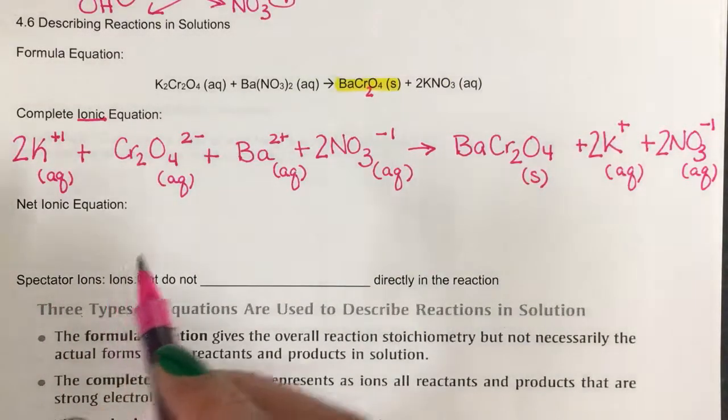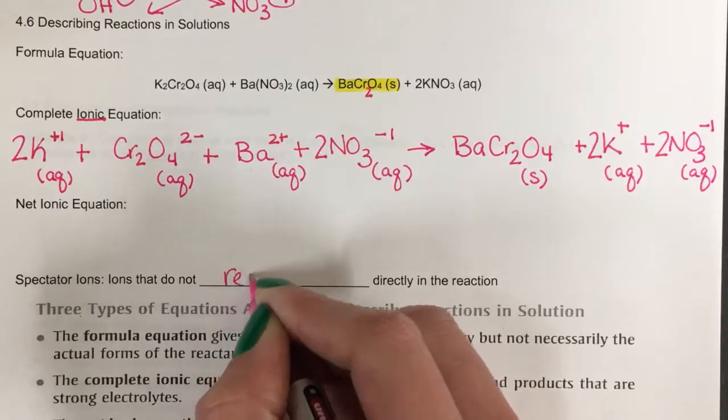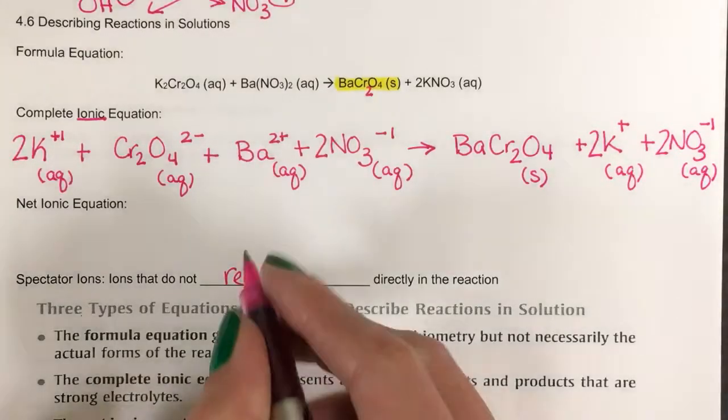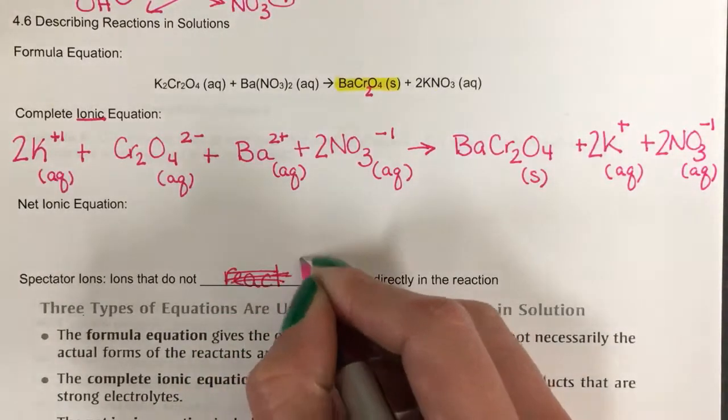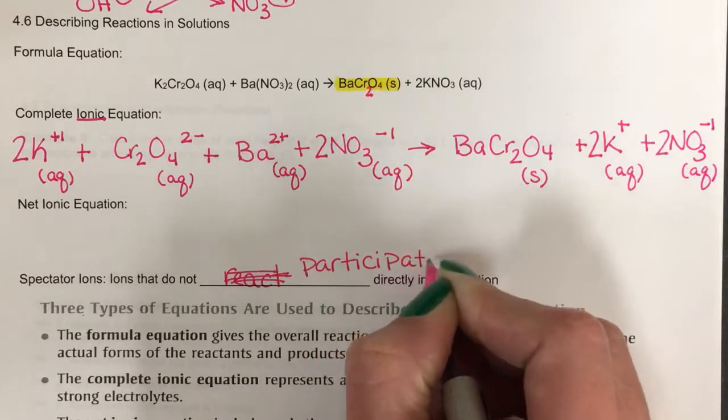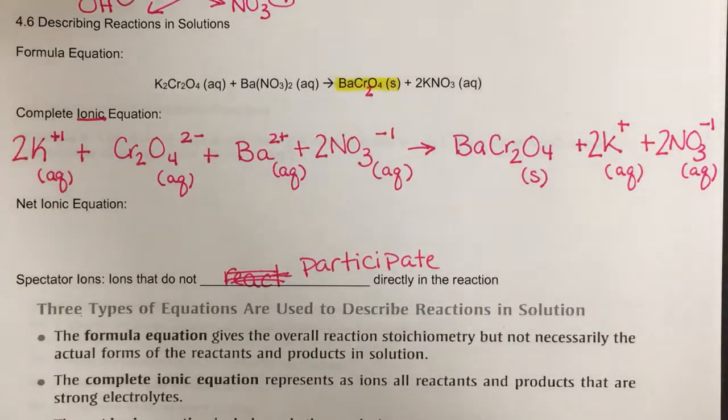Spectator ions are ions that do not directly participate in the reaction. They don't react, they don't change, so they look exactly the same on the reactant side as they do on the product side.